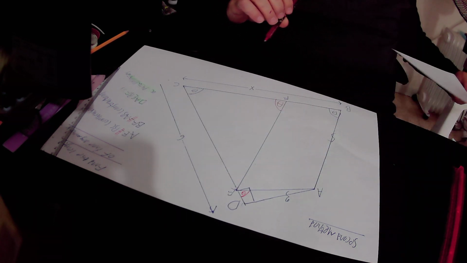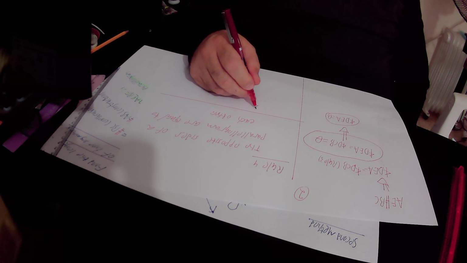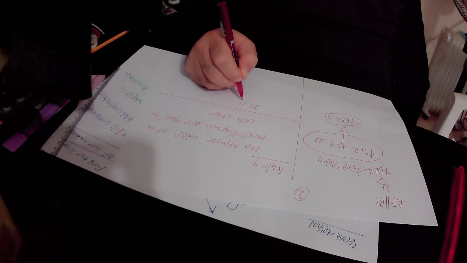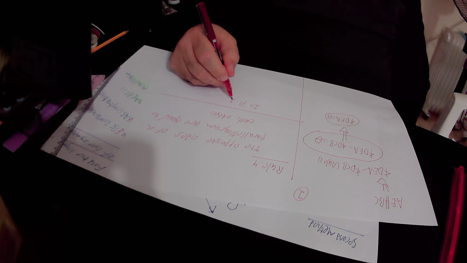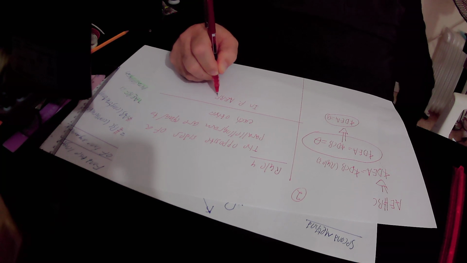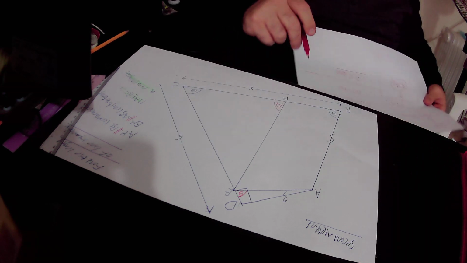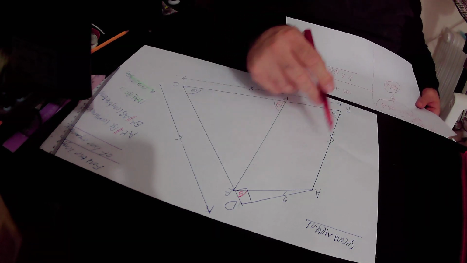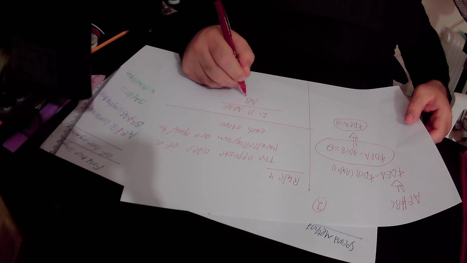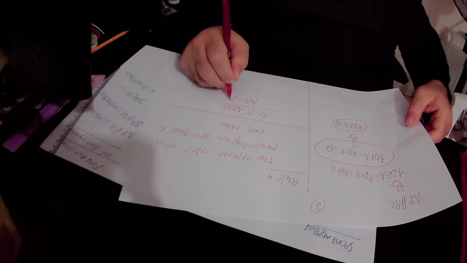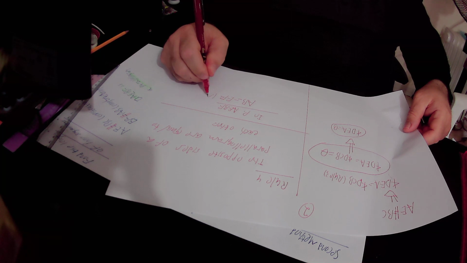So if we focus on parallelogram AEBF, according to rule number 4, in parallelogram AEBF we will get that AB equals EF, because those sides are two opposite sides and they must be equal to each other.